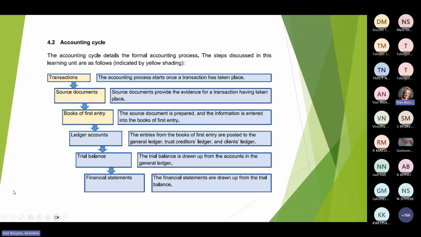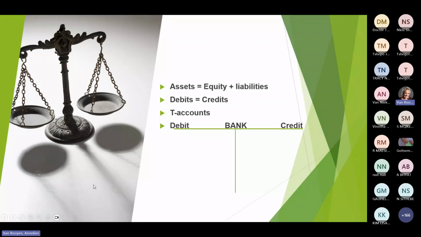Now, I have been in the accounting arena for many, many years, but still this picture is always in my mind when I think about accounting. The scale. What you put on this side must be the same as on that side.